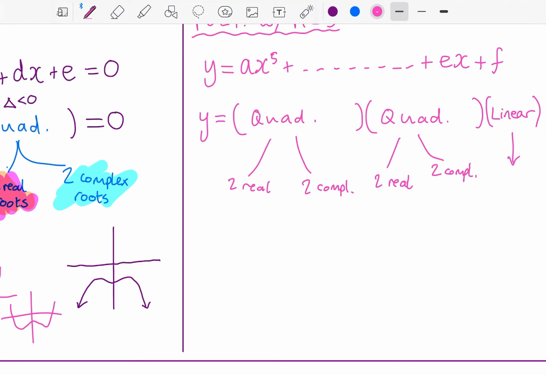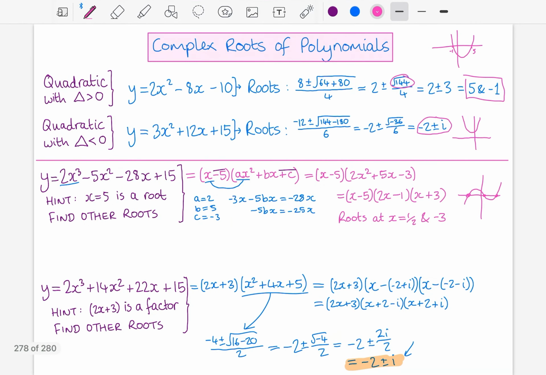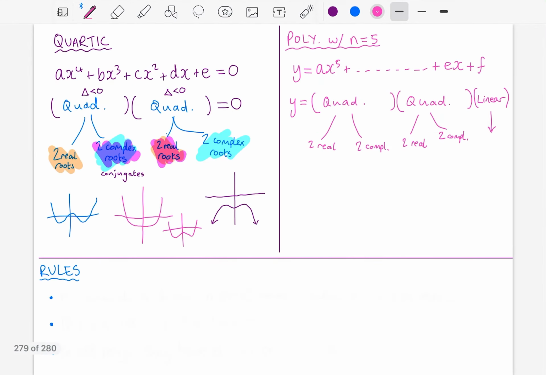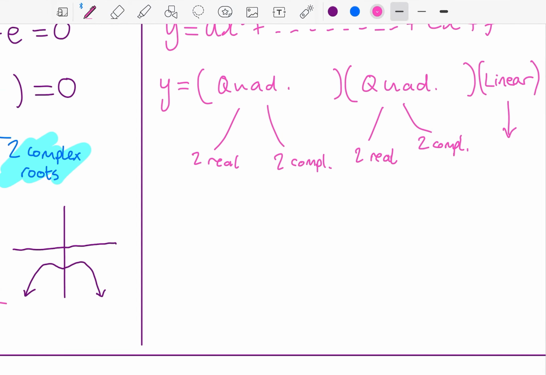That is impossible. As we saw in the cubic, these linear factors were always going to give us a real root. That was never in question. So this linear factor would provide us with 1 real root always.